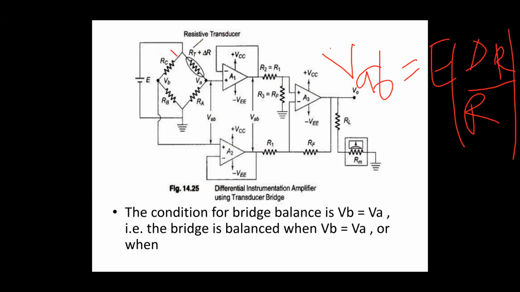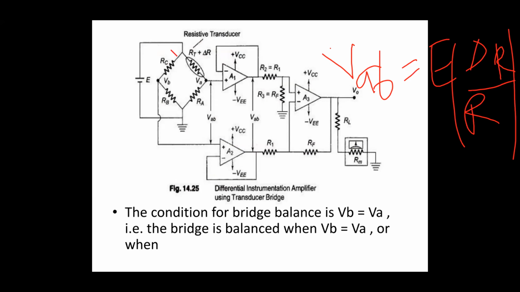Then a differential instrumentation amplifier applies voltage VAB. This VAB you apply to the instrumentation amplifier, giving a deflection on the meter movement, as the gain of the amplifier is RF by R1.